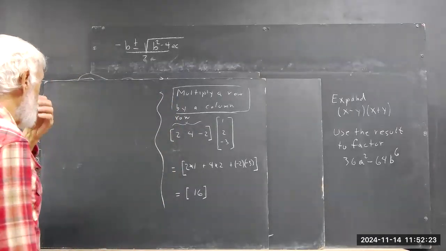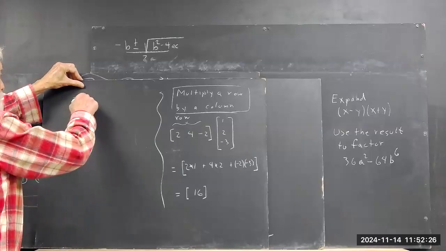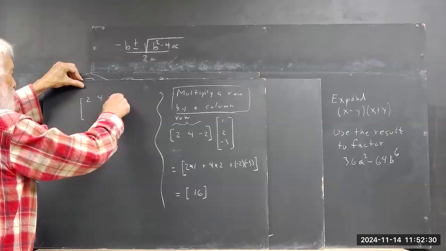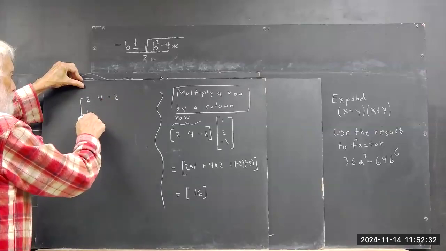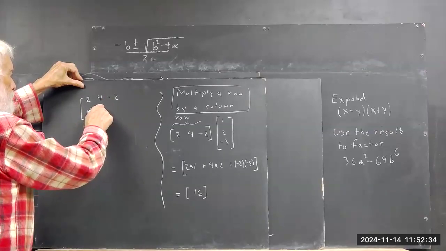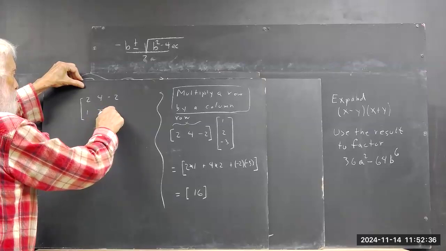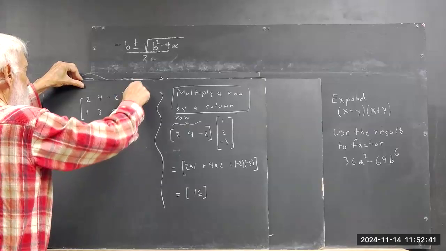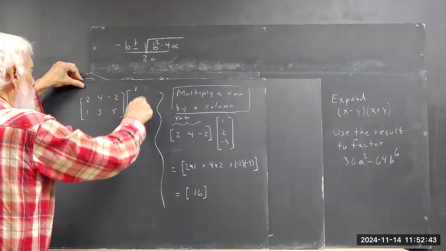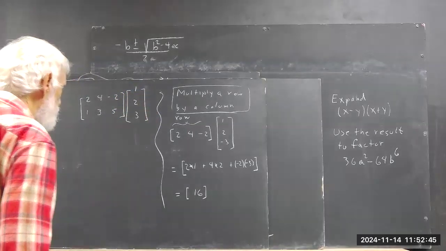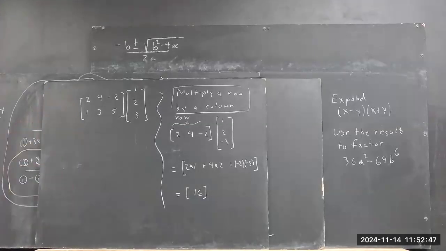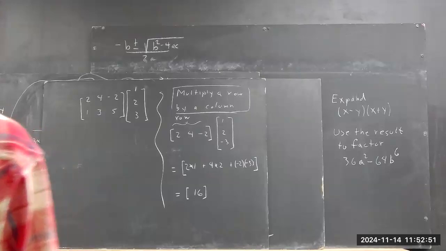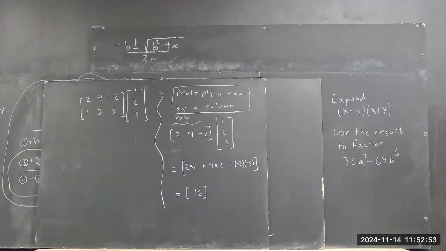Now, how about if you do this? Now you've got 2 rows. Well, I'll give you a hint.